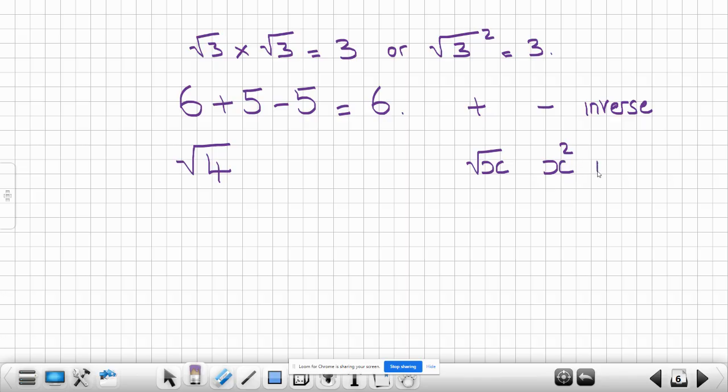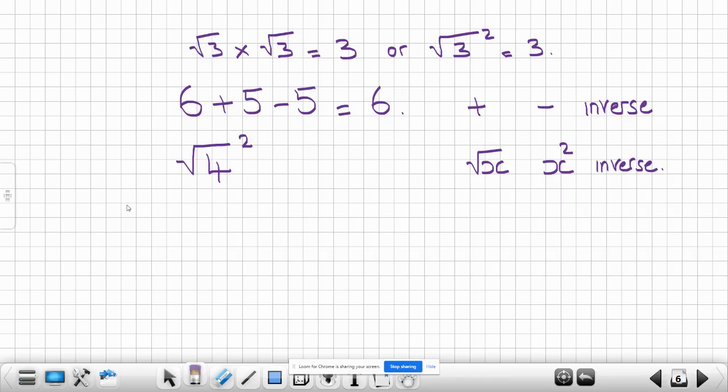So again, they are inverse. So if we are looking for the square root of 4, if we then square it, going by our previous example, we should end up back where we started from with 4.